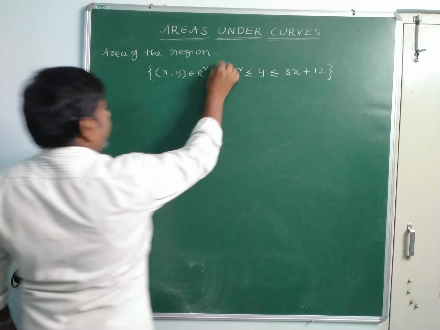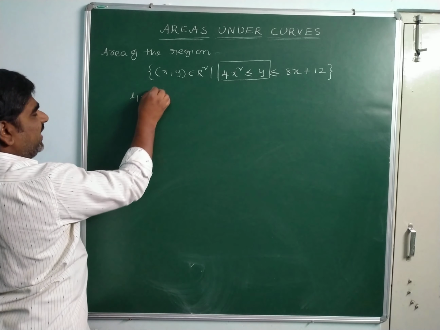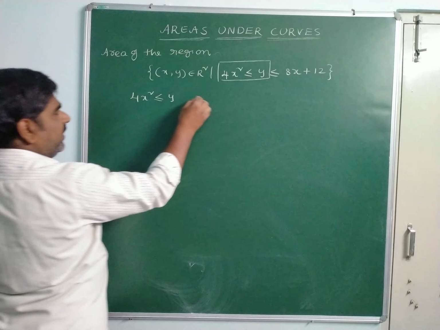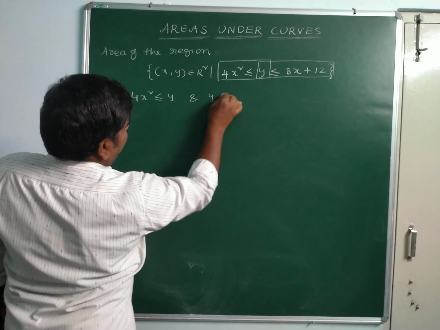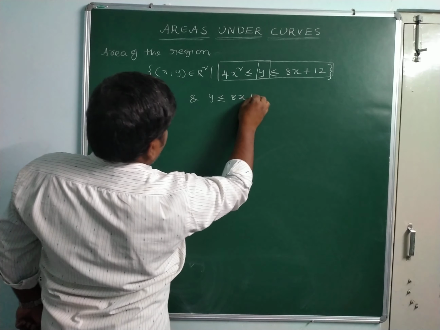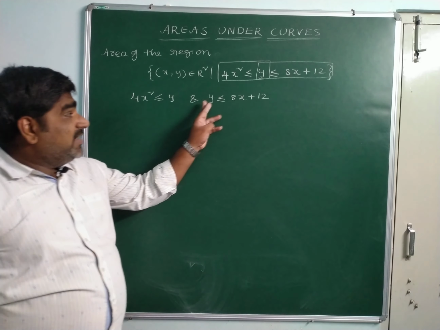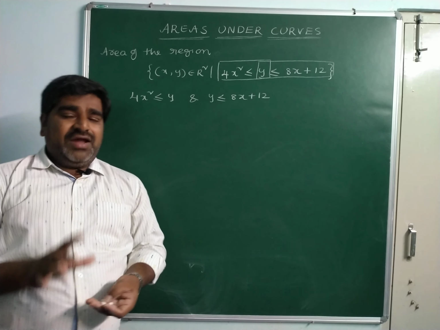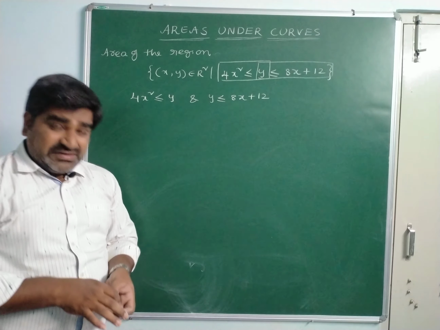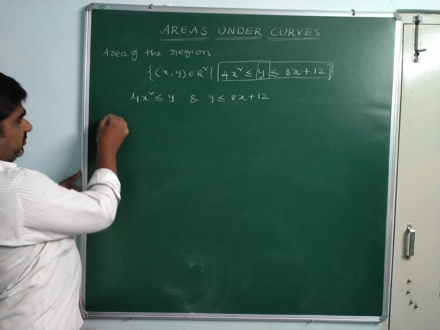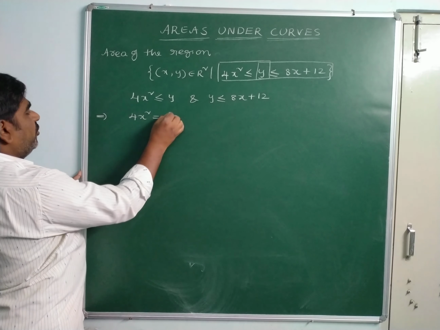As given, there are two curves. The first one is 4x square less than or equal to y, and the second one is y less than or equal to 8x plus 12. Whenever this type of question is given, first take the curves like this: 4x square equals y.